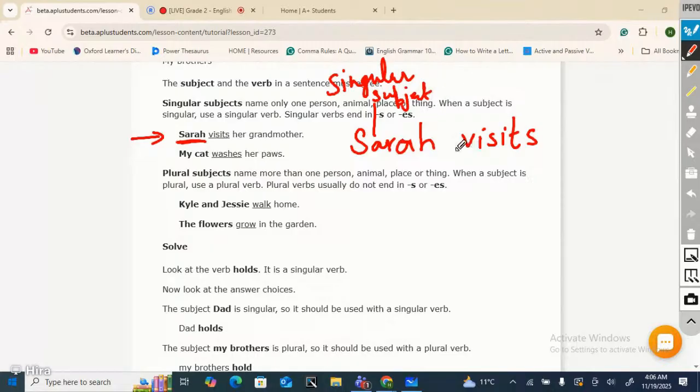The verb that is used with this subject is visits. Visits is the verb that ends in S. If the subject is singular, use a singular verb, and a singular verb ends in S. So we can say that it's a singular verb because it ends in S, visits. So subject and verb agree. How do they agree? Singular subject, singular verb. So subject and verb agree with each other.